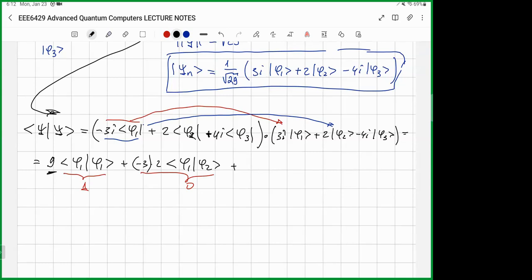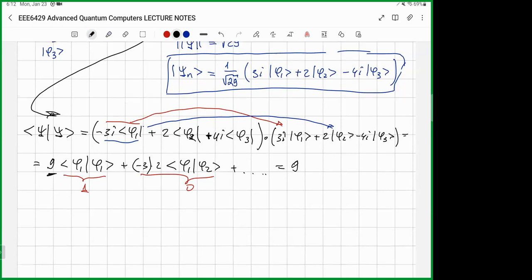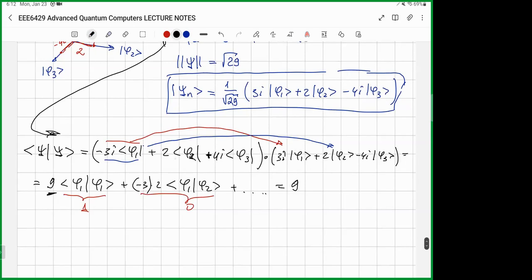So let me write this plus blah blah blah, which is equal to 9 from the first product. Then phi2 by phi2 equals 1, but 2 by 2 equals 4. So I write plus 4.